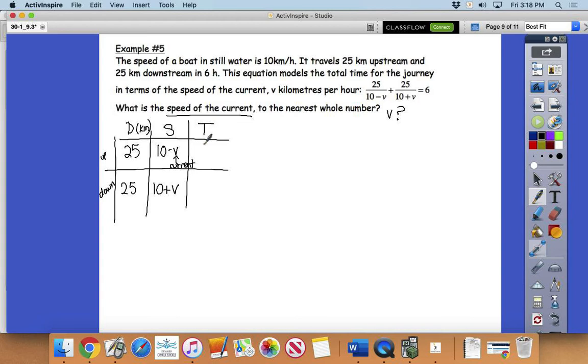Time is always going to be, if we look at this triangle that we create, distance over speed. Distance over speed is equal to time. So if you divide these, you're going to get time. So that means 25, which is the distance, over the speed of 10 minus v, that's going to represent the time of going upstream.